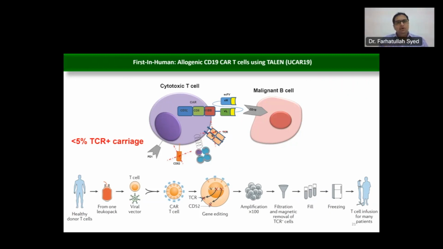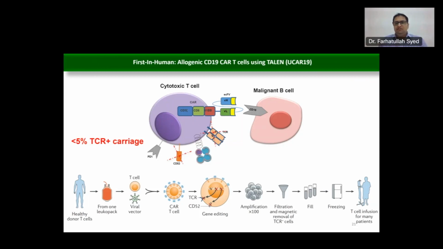But our goal was to see how we can further utilize genome editing technologies to reduce the TCR positive carryover cells and precisely knock out TCR and other alloreactive molecules, and at the same time automate this technology of producing CAR T cells.